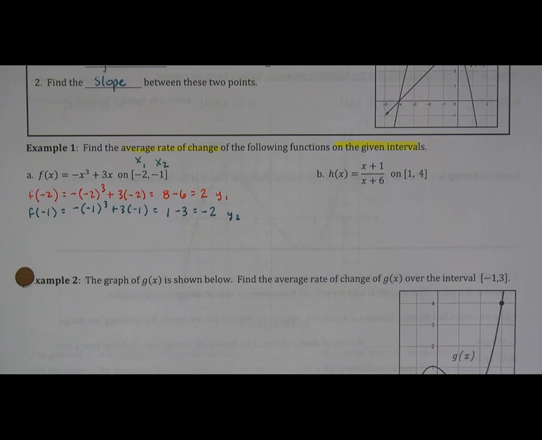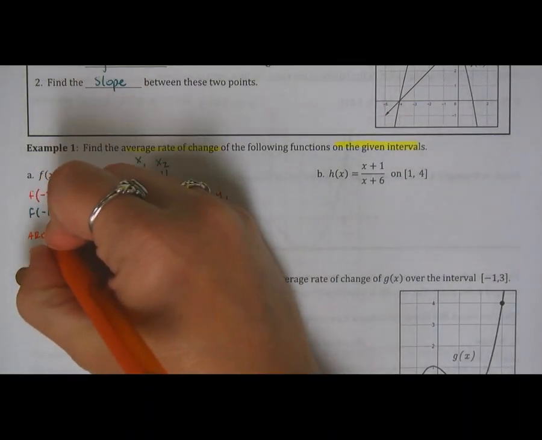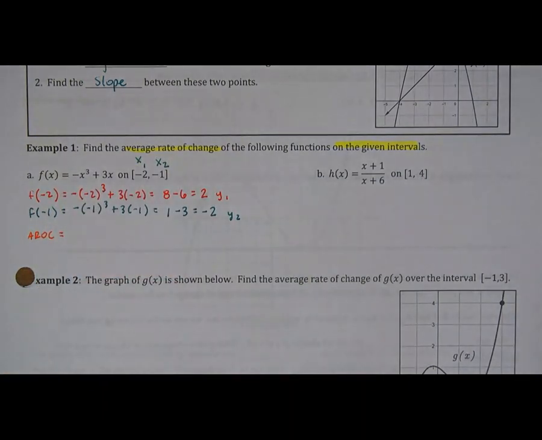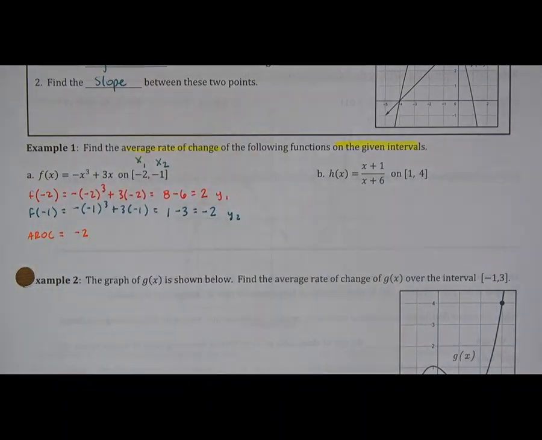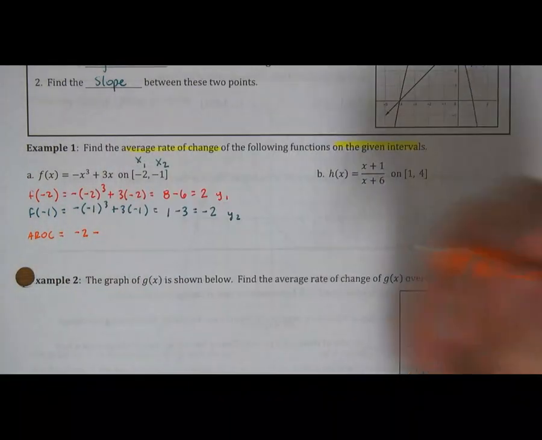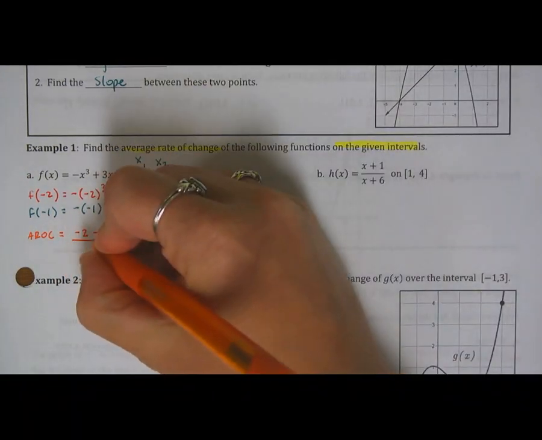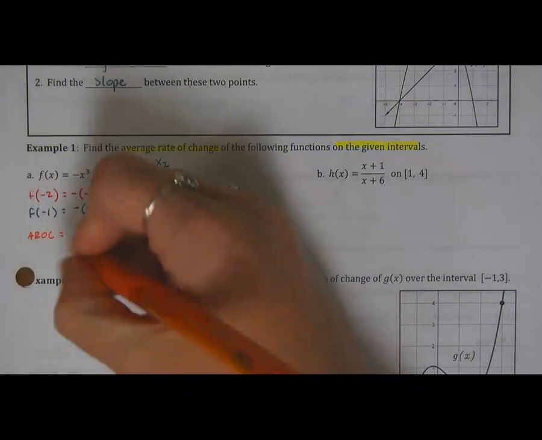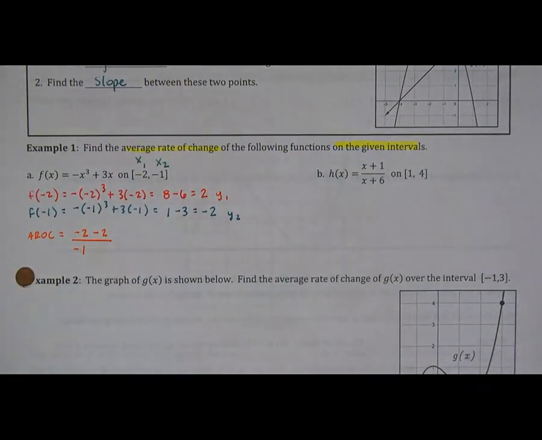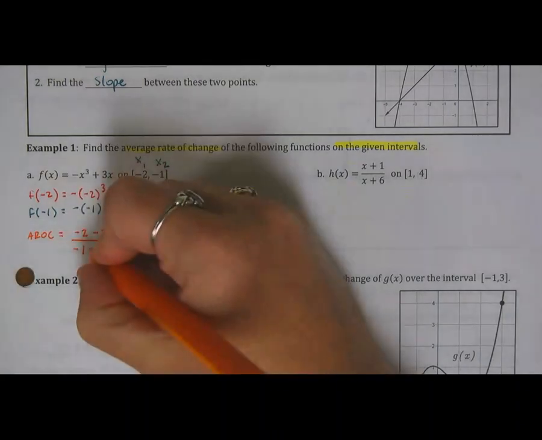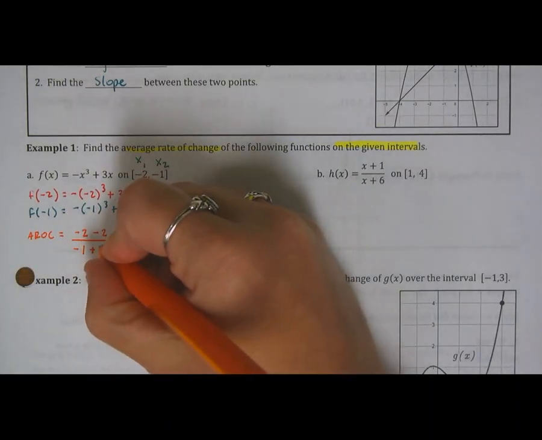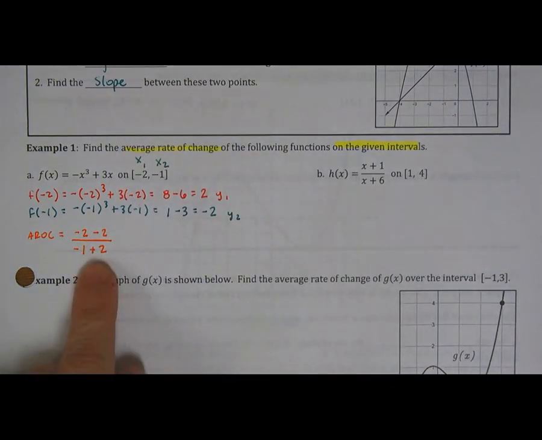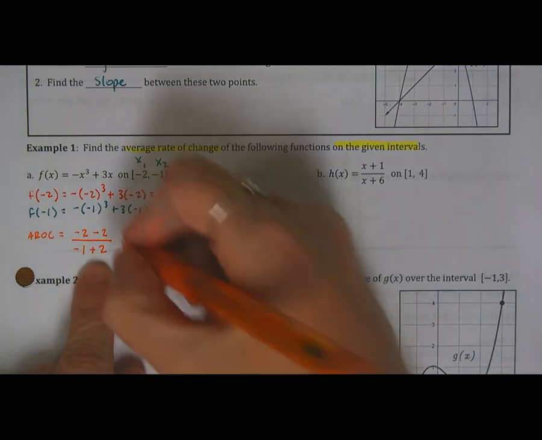You can follow that formula then at the top of the page, which says average rate of change is your y2 value, negative 2, take away your y1 value of 2, over your x2 value, the second thing that you plugged in, your second input, negative 1, subtract the very first input value, which was negative 2. So that's going to change to, instead of minus a negative 2, that just changes to plus 2.